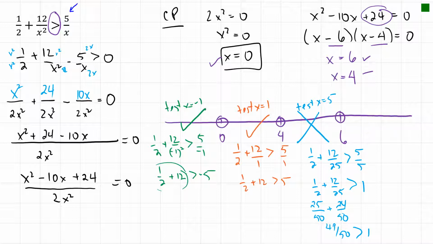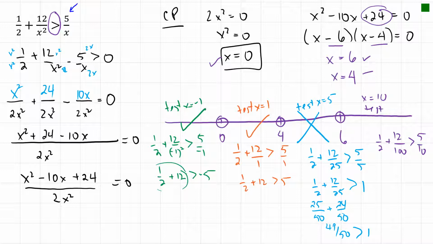And then in the last section, I'm going to test x equals 10. I take 10 because often 10 is an easy one to calculate with. 1/2 plus 12 over 10 squared, which is 100. Is that greater than 5 over 10?